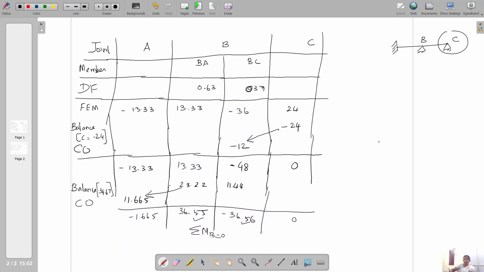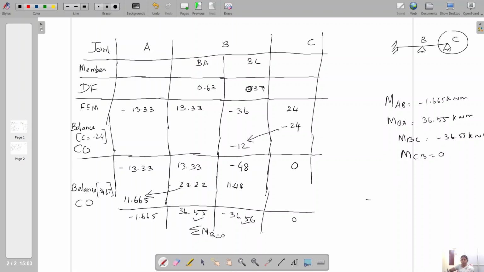So the final moment value we get: M A to B is the negative moment of 1.665 kilonewton meter, and M B to A we get 36.55 kilonewton meter, and M B to C we get minus 36.55 kilonewton meter, and M at C to B equal to 0. So this is the final moment value.